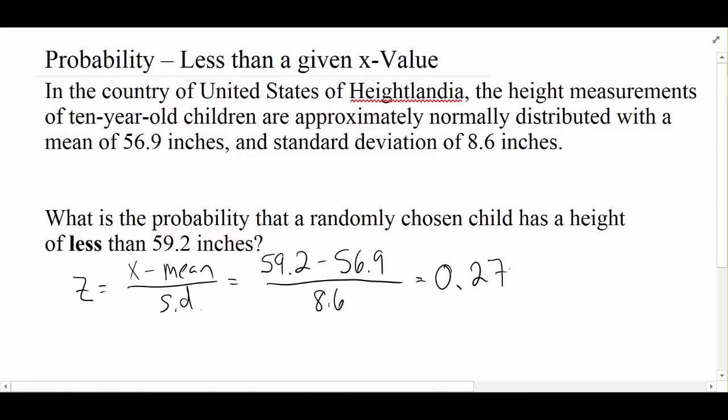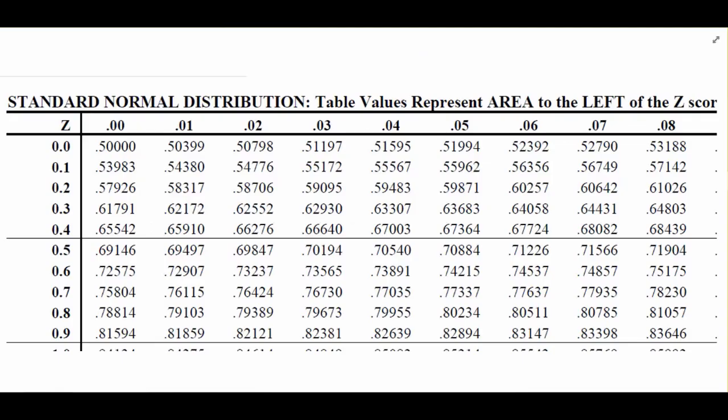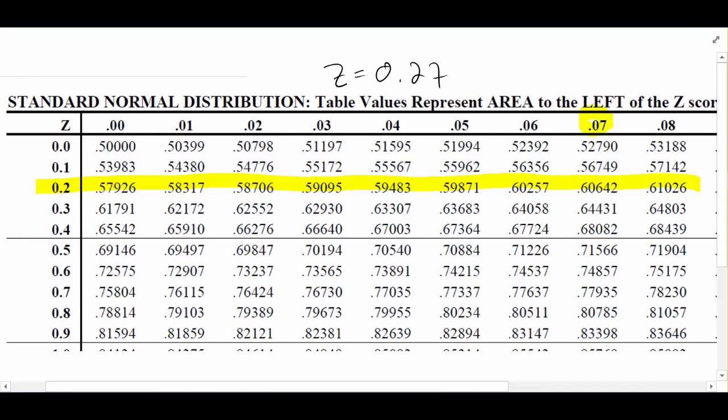So we're going to use this and we're going to go look at our chart and see where a z-score of 0.27 would be. So if we're trying to find a z-value of 0.27, then on our chart, we're going to look at the 0.2s, then we're going to find the 0.07s and see where they meet.